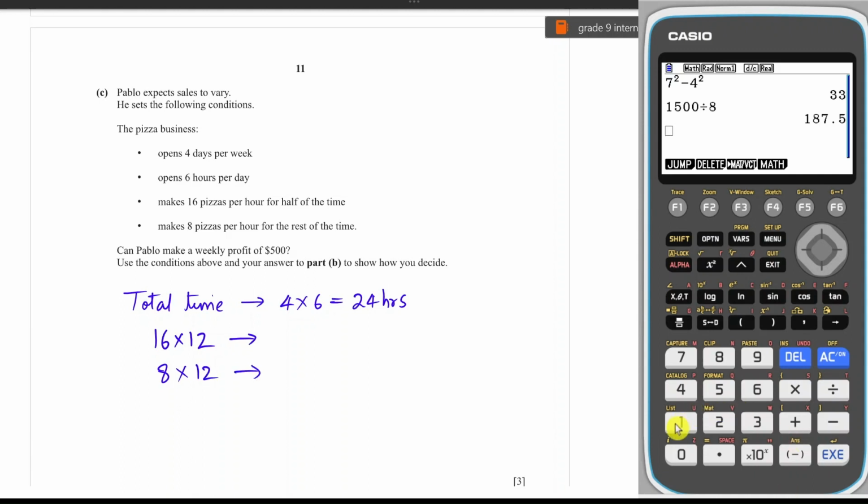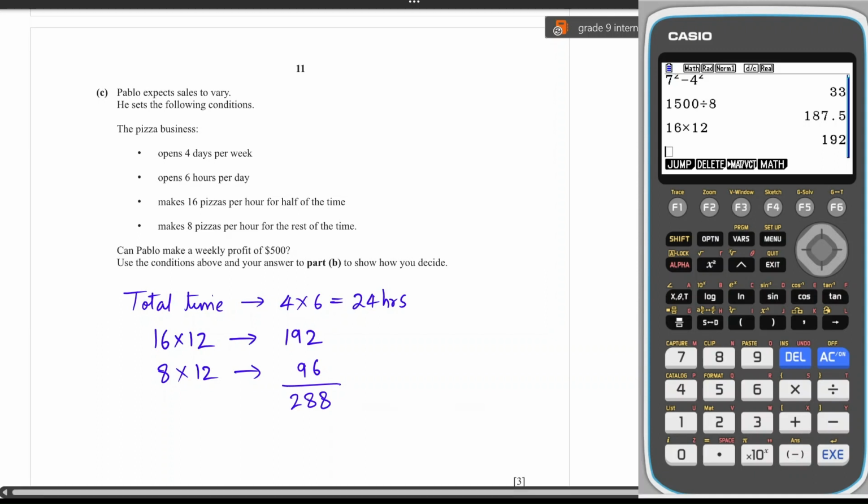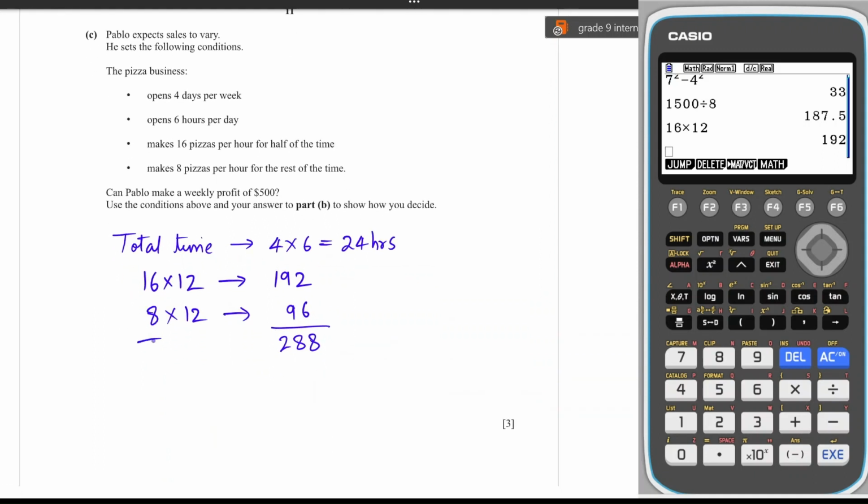So you have 16 into 12, that gives me 192. And then I have 8 into 12, that's 96. Now add this, I get a total of 288. So as he's making 288 pizzas, this is the total number of pizzas he's making.